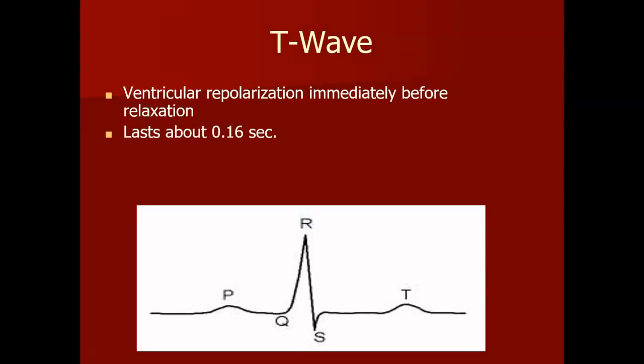The T wave represents ventricular repolarization immediately before relaxation, also called ventricular diastole. Then this basically repeats itself, continuing the steady state of atrial contraction, ventricular contraction, all the way through every single day of our lives.